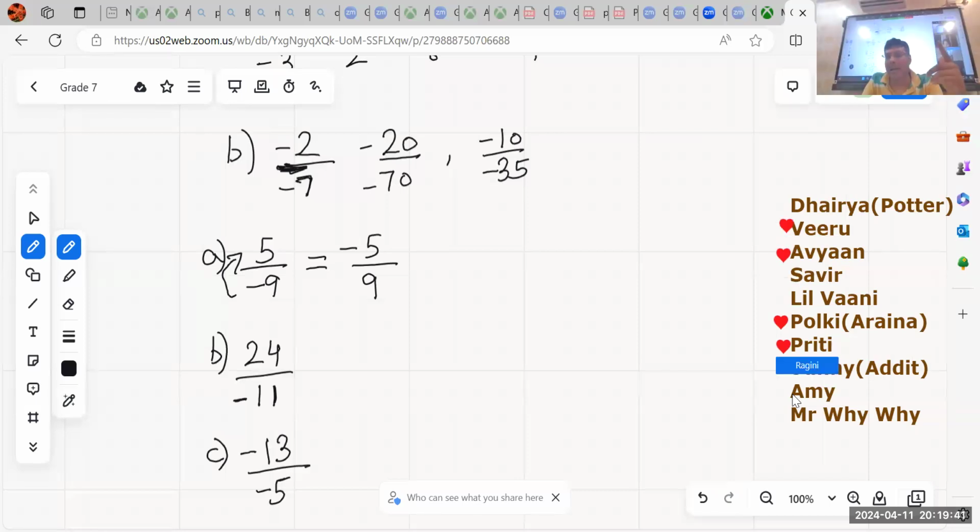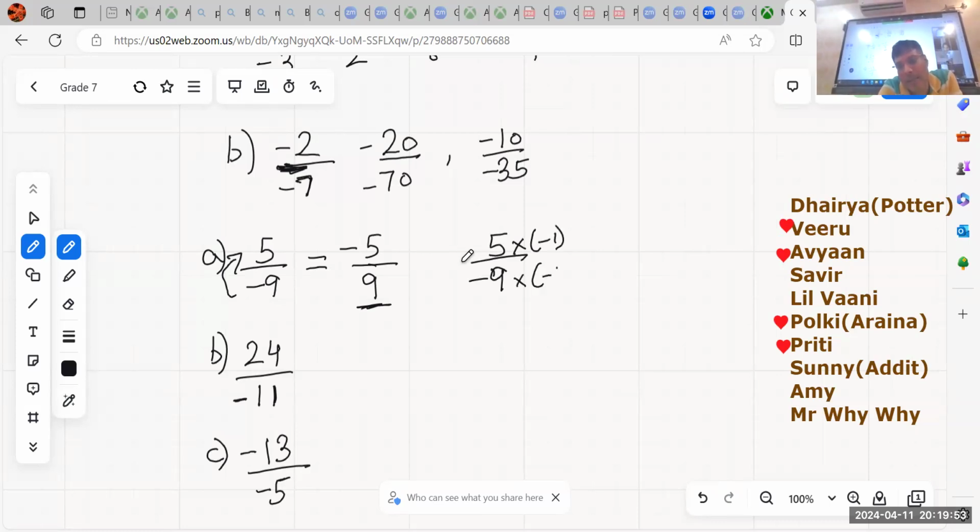We multiply by -1 to make this positive and this negative. We multiply the numerator and denominator. You don't have to show it anywhere, but this is the mathematical reason. It is -1 that we multiply, to both the numerator and denominator.